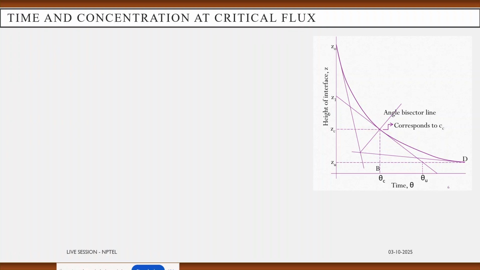In the next part, we are going to discuss about the time and concentration at the critical flask condition. Here you can see we have plotted the height of the interface, that is Z, and the time theta.